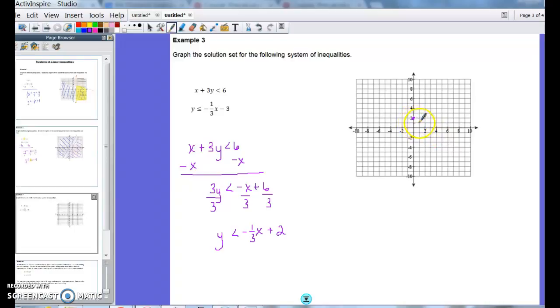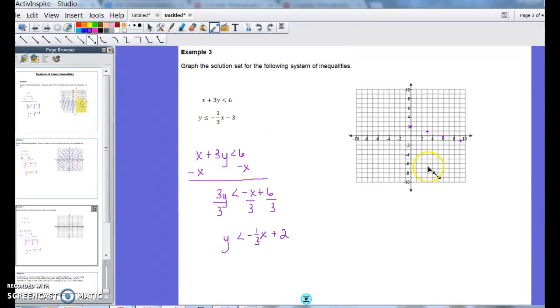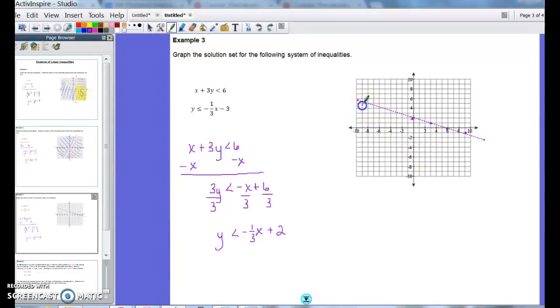So I go down 1 over 3, down 1 over 3, down 1 over 3. And it's strictly less than, so my line is going to be a dotted line. So there would be my line, and because it's less than, I shade below the line.